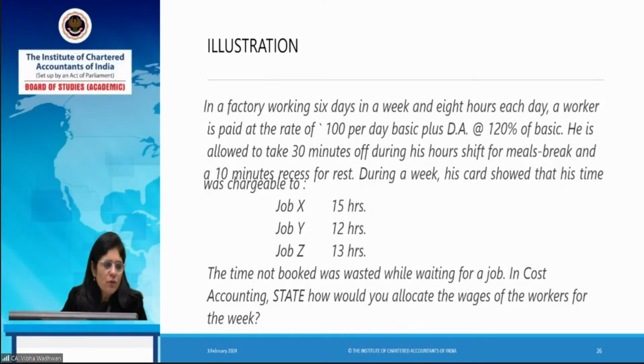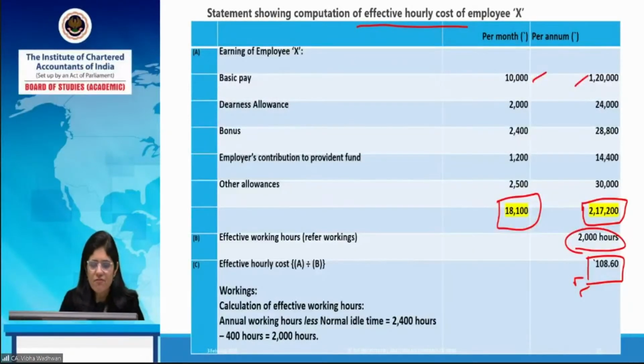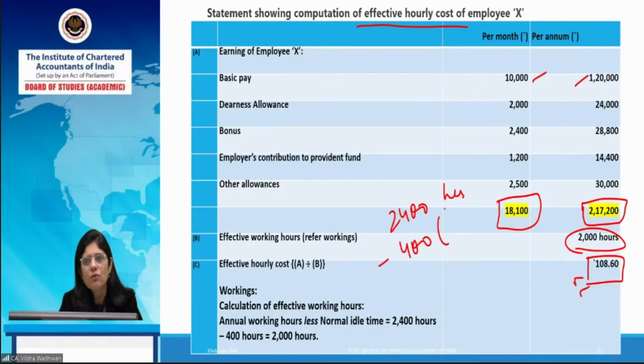How to calculate total effective hours? Total effective means how much the worker has actually worked effectively. He was there for 2400 hours in a year. And for 400 hours, he didn't do anything. So effective hours were 2000. Effective hours means for how many hours the laborer actually worked. So he worked for 2000, 400 were idle time.